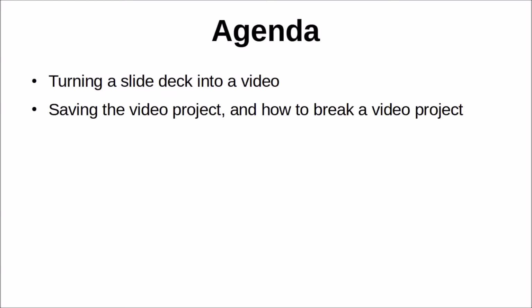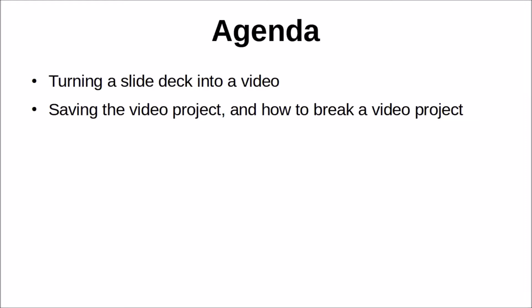We're going to learn how to turn a slide deck into a video. The idea of a video project: how to save a video project means saving the sum total of the collected video samples, music, slides, narration, titles, whatever else, all of that you save in a video project.